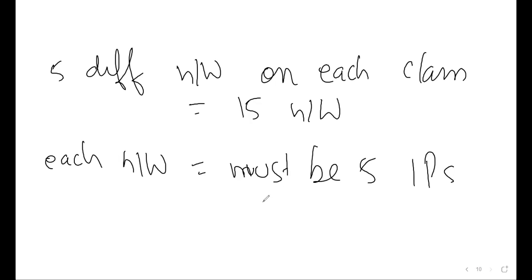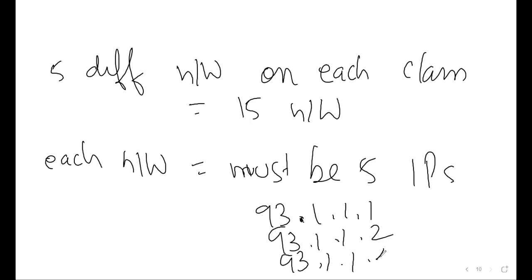For example, if I'm writing class A, one of the networks, for example, I'm mentioning 93, so it must be class A, 93, one of the networks. I shouldn't write 93.1.1.1, which is one of the IPs, then 93.1.1.2, 93.1.1.3, 93.1.1.45.